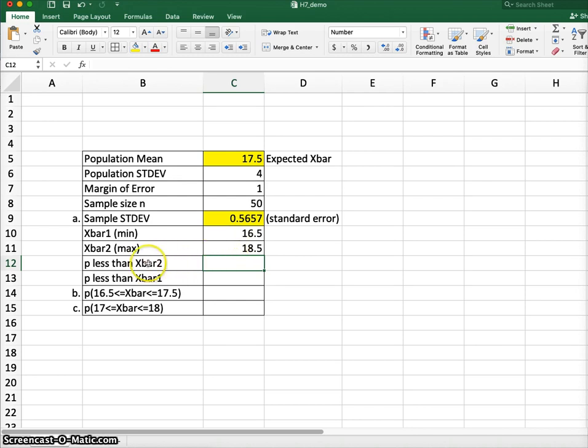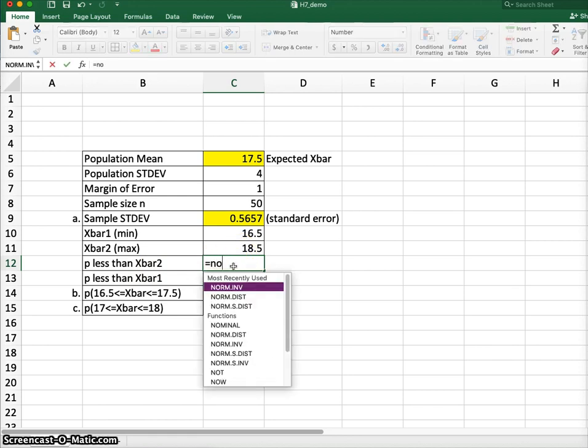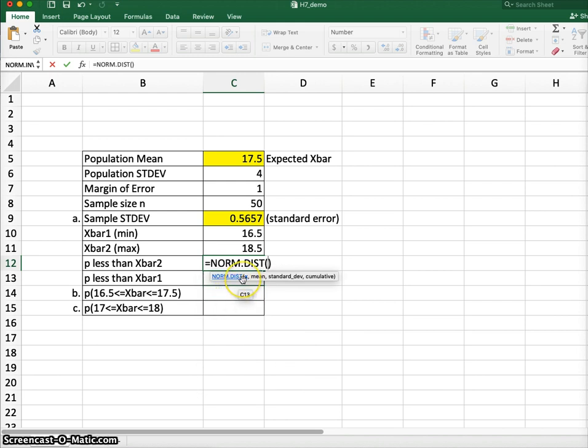Now, what is the probability that I will get a sample mean less than the maximum? To do that, I'm going to use the same function as in the last chapter, NORM.DIST. In this case, x will be 18.5, and the mean will be 17.5.